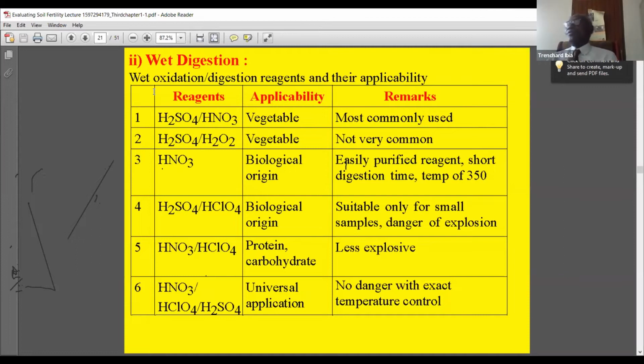And if you are going to use 3-acid mixture, it has universal applicability. And the remarks are there. Double acid, sulfuric acid and nitric acid are the most commonly used over here. Next slide, please.